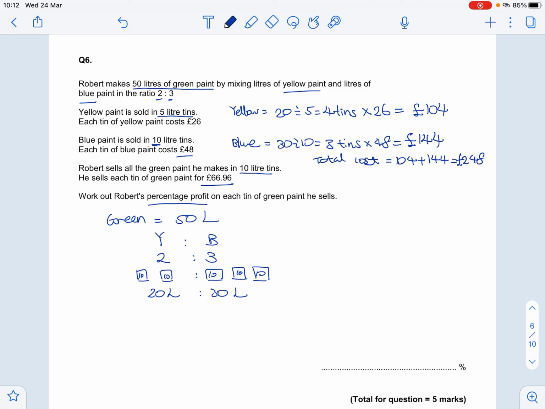Then we are told Robert sells all the green paint in 10 liter tins. So how many tins can he sell? He's making 50 liters, and each comes in 10 liters. So he can make 5 tins. He sells each tin for 66.96.